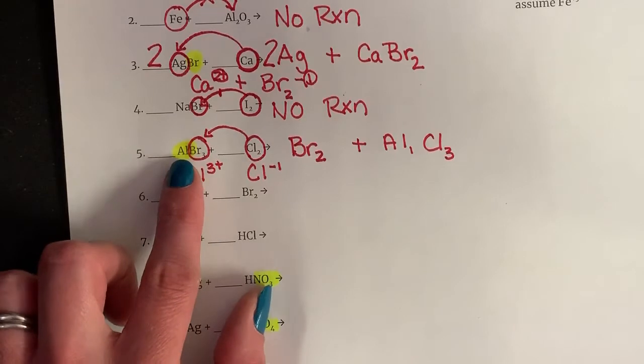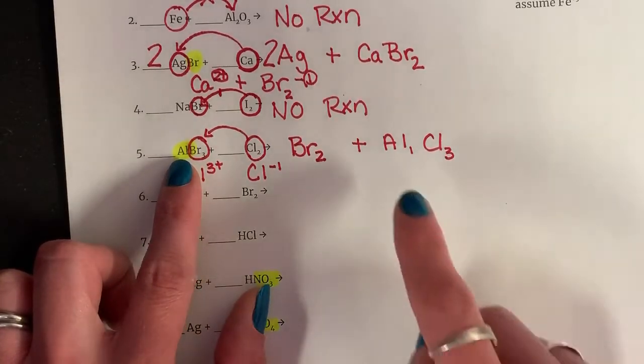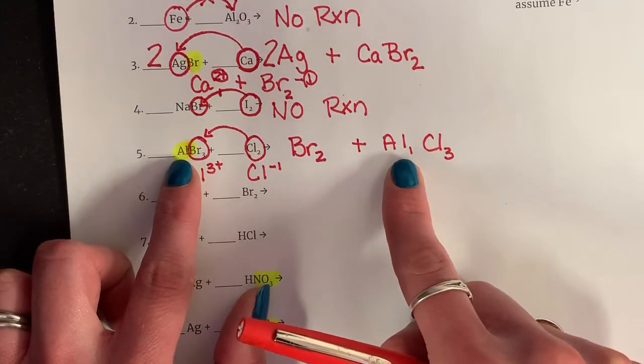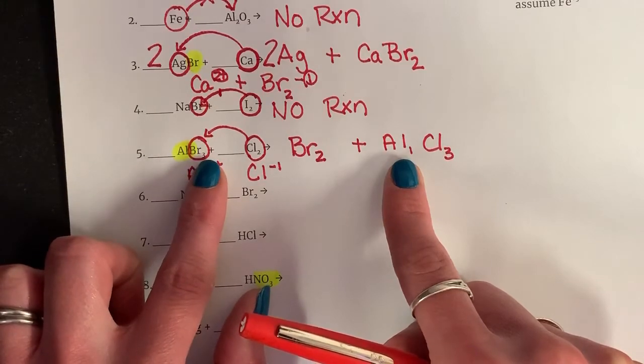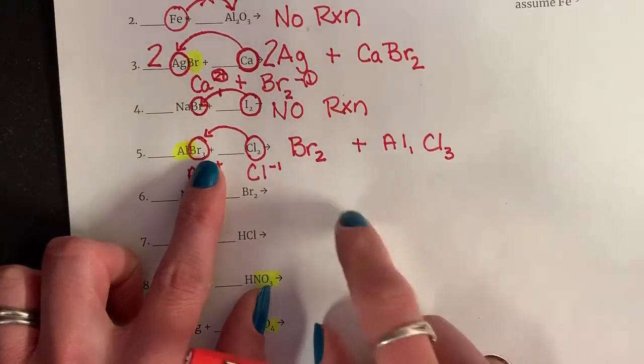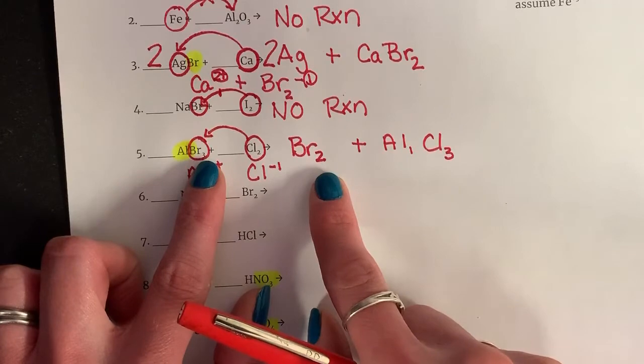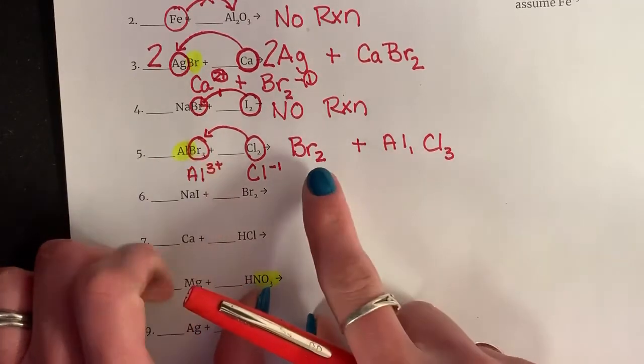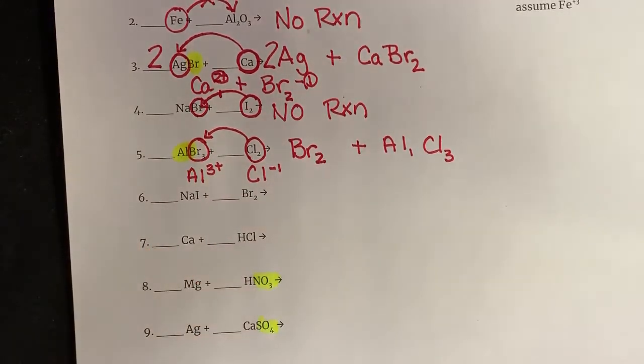So I started with 1 Al over here, I ended with 1 Al over here. I started with 3 Brs over here, but now I've got 2. 3s and 2s, the only way I can balance them is by turning them both into 6.